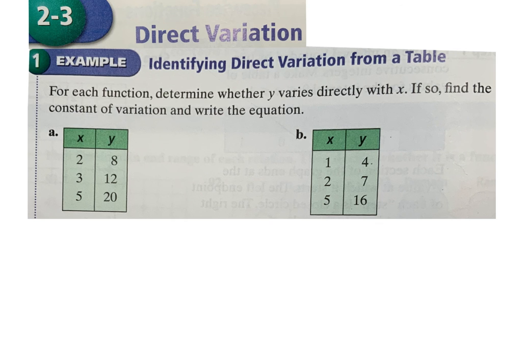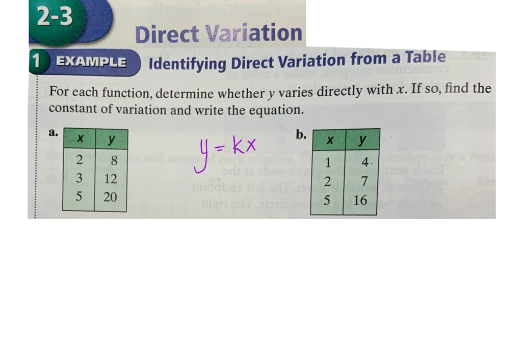So the first example that they give us is: determine whether y varies directly with x. If it does, find the constant of variation. All right. So if the basic direct variation is y equals kx, then if this set of information directly varies, that k will be the same for every single one of those.